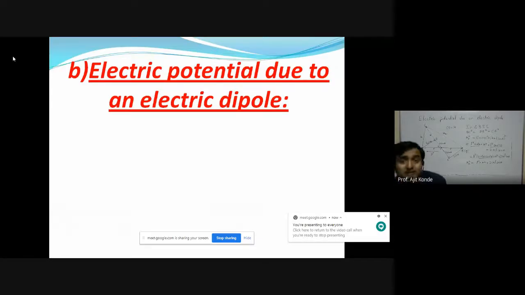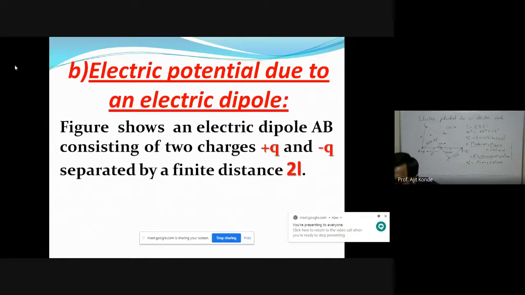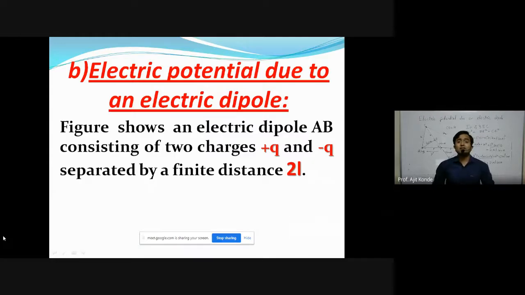Okay, now see the detailed explanation of the diagram. The figure shows an electric dipole AB consisting of two charges, plus Q and minus Q, same magnitude, opposite charges, separated by a finite distance, which is twice of L. See, this is twice of L, this one is L, and the remaining is L, according to the diagram.